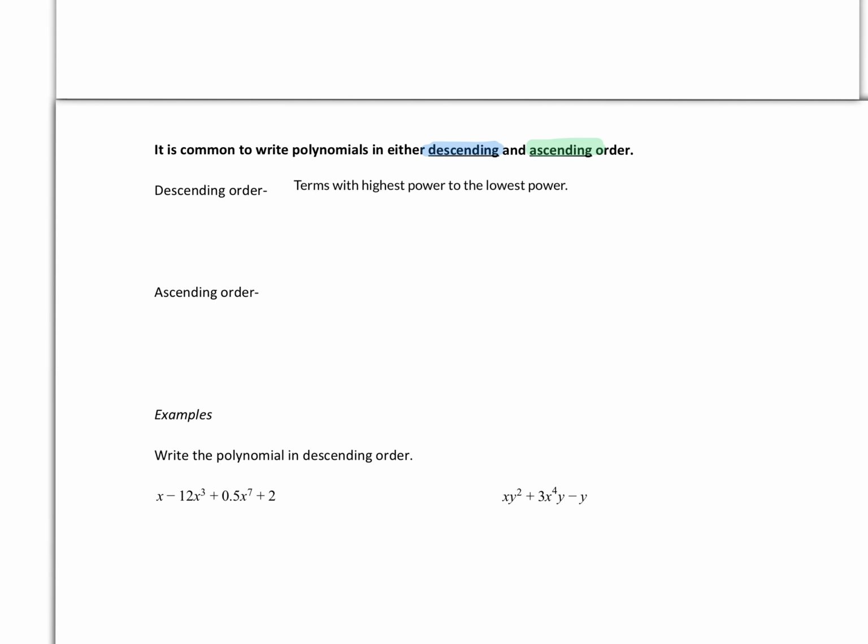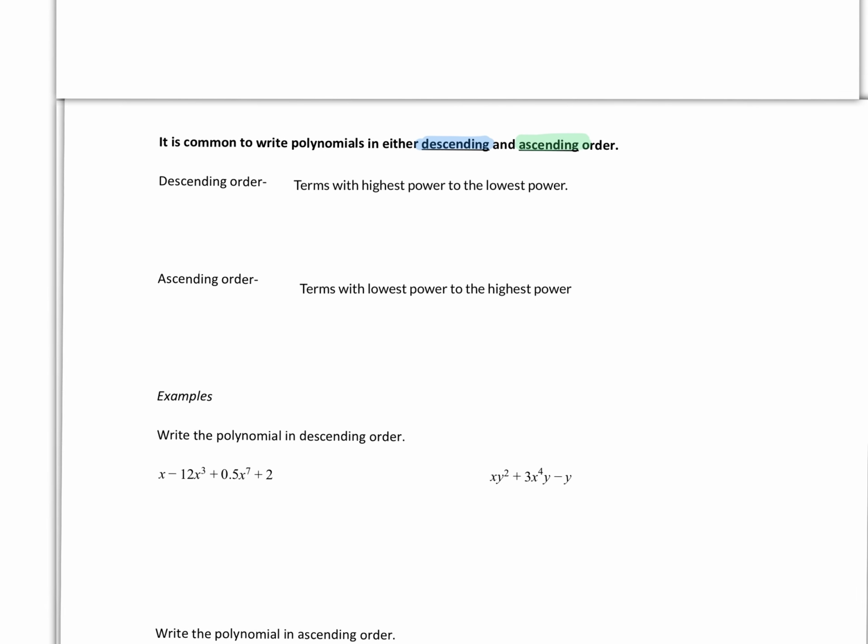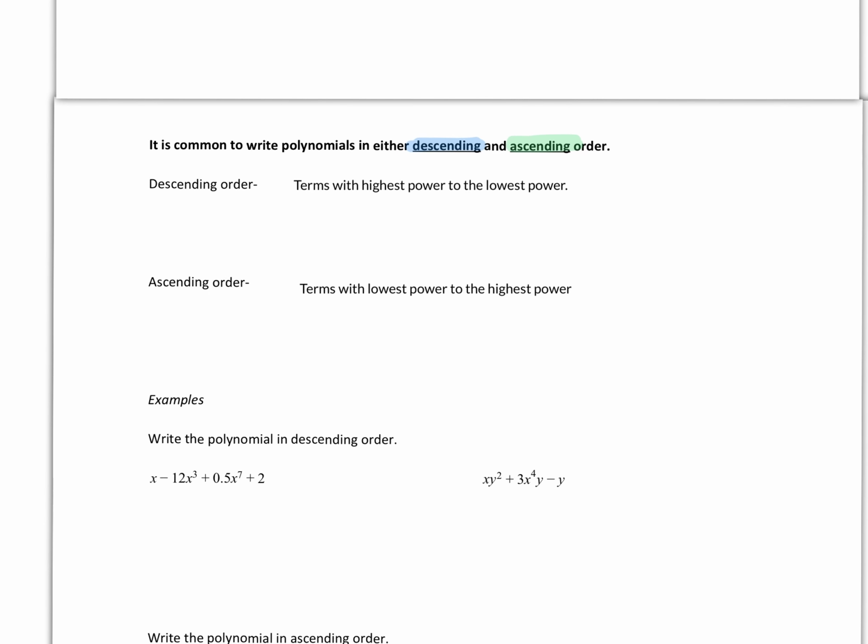Ascending order is just the opposite. We're going to start with the terms with the lowest power all the way up to the terms with the highest power. If you're confused on what that means, let's take a look at the examples that we have here.